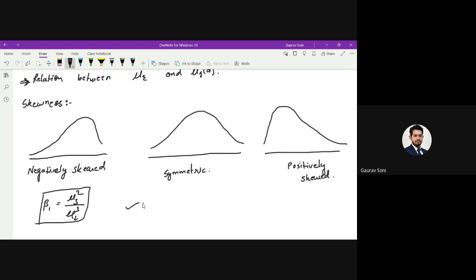And this is the formula for the coefficient of skewness. This is just an extra thing, okay? It is not actually included in your syllabus.